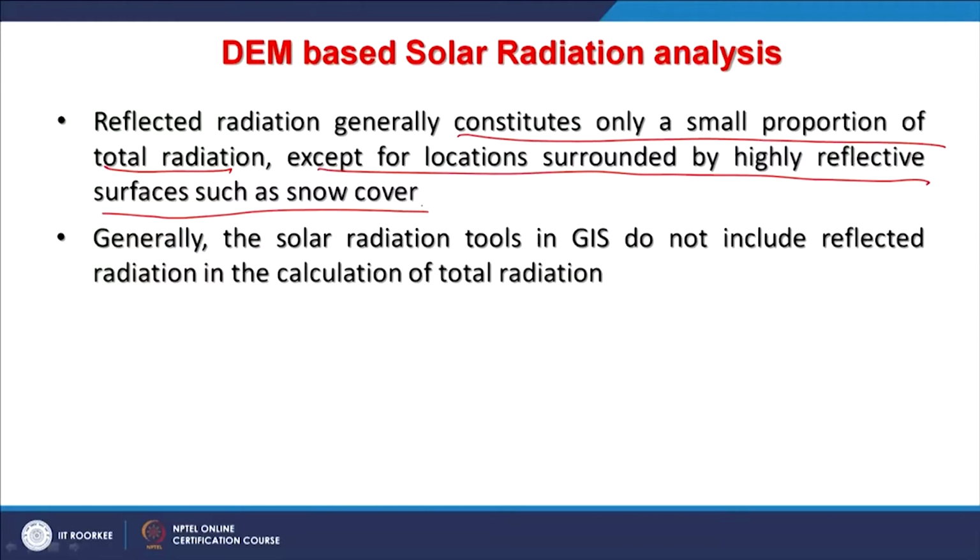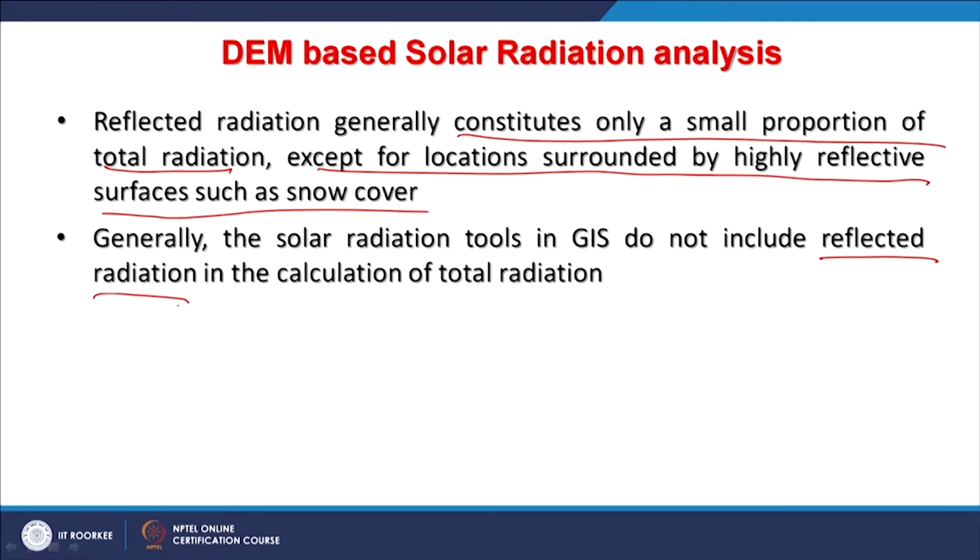And generally the techniques or tools to analyze solar radiation in GIS do not include the reflected radiation in the calculation of total radiation. So, obviously it will give an estimate for a certain location, but what would happen in real conditions, because what you are doing with GIS is a modeling part.